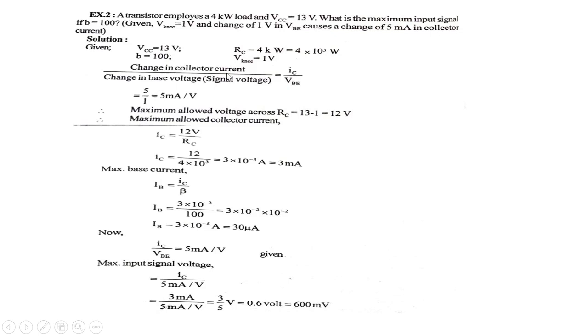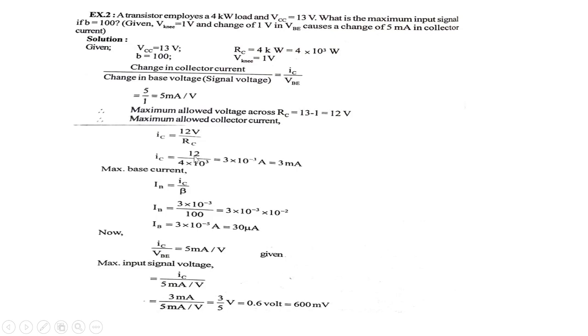Now change in collector current upon change in base voltage equal to IC upon VBE, that is equal to 5 upon 1 equal to 5 milliampere per volt. Therefore, maximum allowed voltage across RC equal to 13 minus 1, that is equal to 12 volt. Therefore, maximum allowed collector current IC equal to 12 volt upon RC.